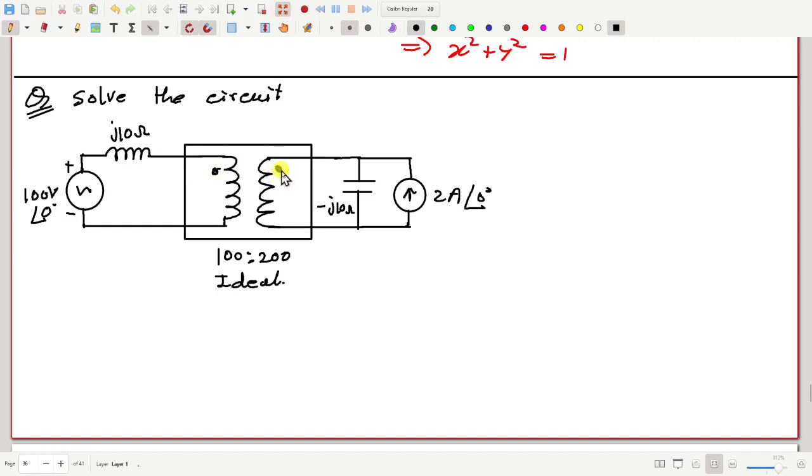Dots. Okay, let me make it complicated. Let me put the dots like this. Find out everything. Say I1 is how much, what else, I2, or maybe this voltage.